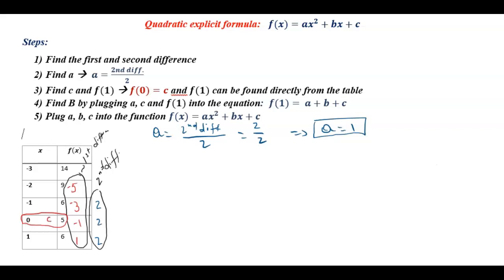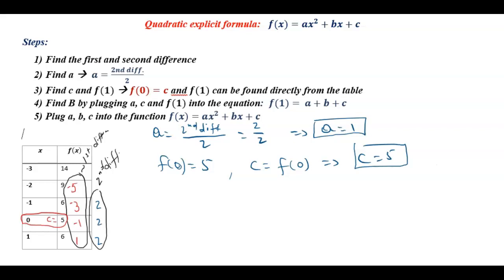So that's c right here. So we know the value of c is 5. Right? So f of 0. So since f of 0 is equal to 5, and c equals f of 0, that means c is equal to 5. Check.